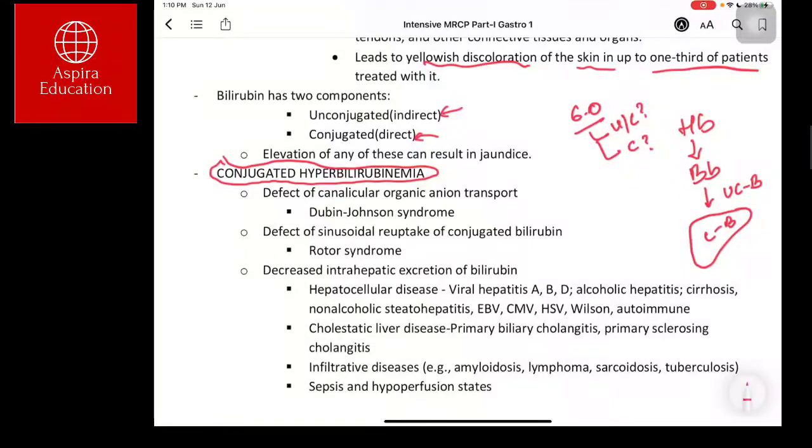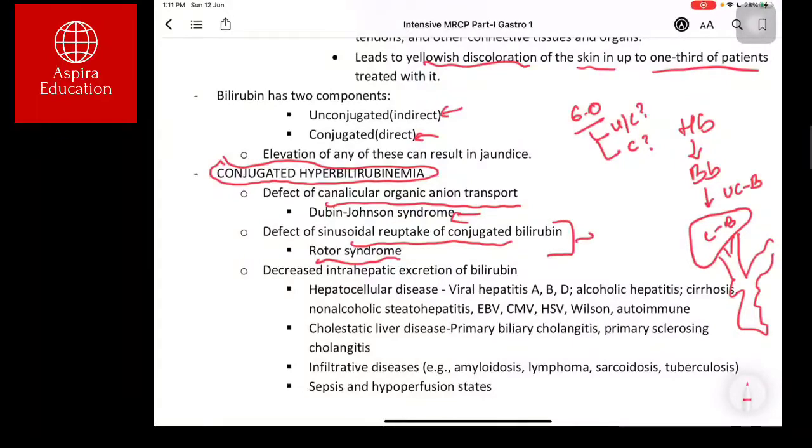So, if somebody has conjugated hyperbilirubinemia, that means the liver is unable to throw it out into the excretory system. It could be a defect in the canalicular organic anion transport, which is called Dubin-Johnson syndrome, or it could be a problem with the reuptake of conjugated bilirubin, as seen in Rotor syndrome.